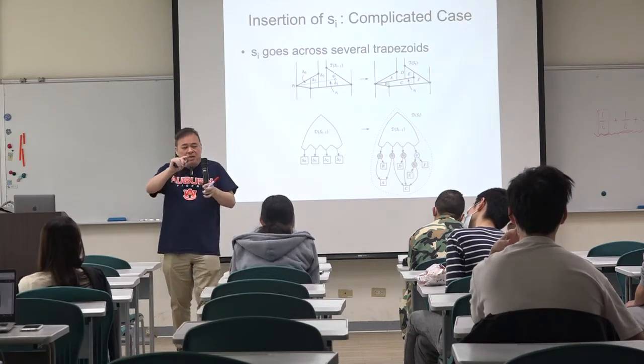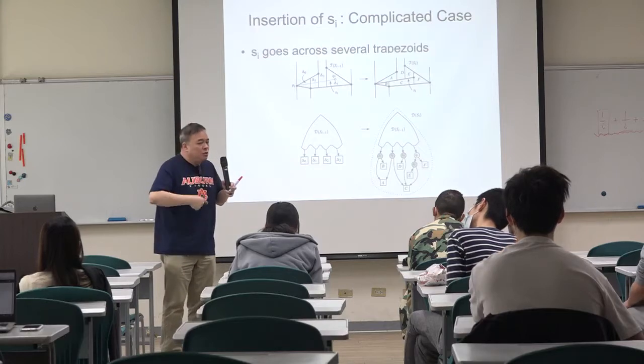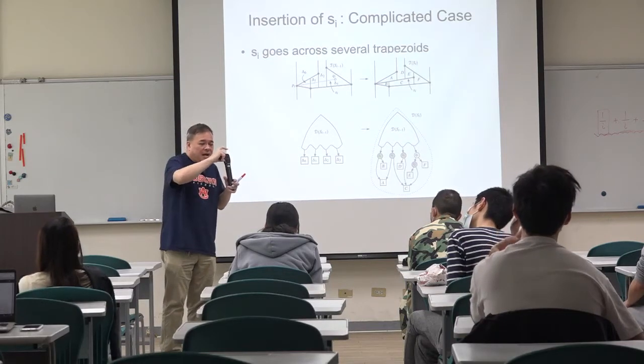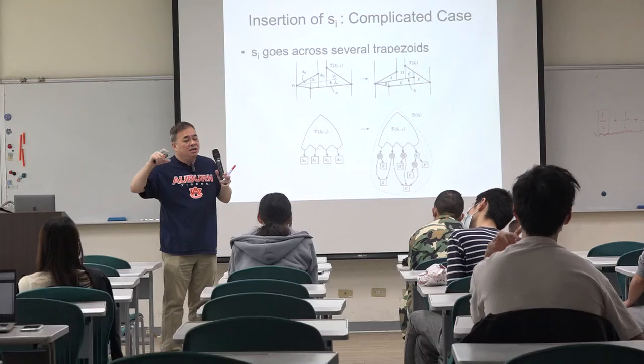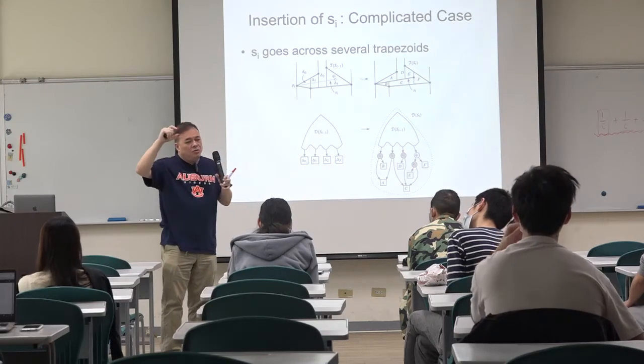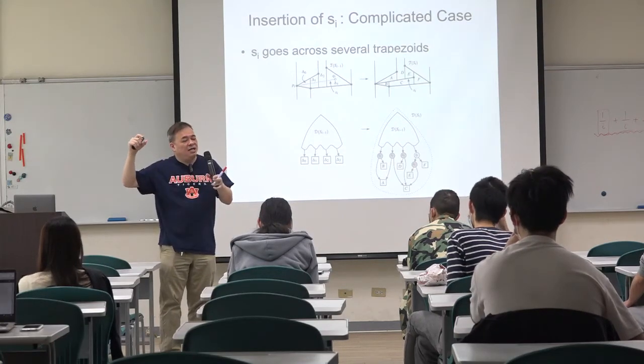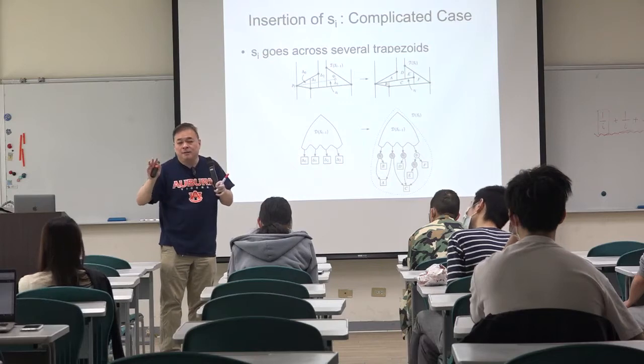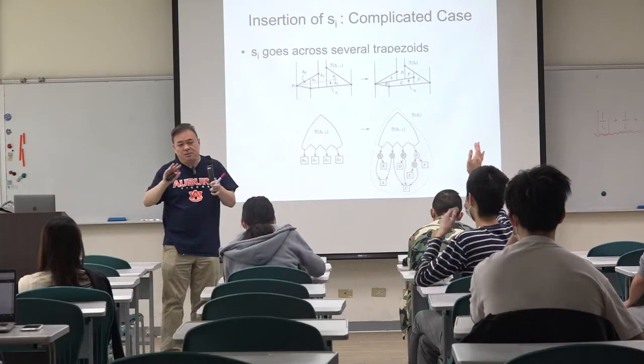But if this iteration is going to add kappa i leaf nodes, then the number of internal nodes that gets added will be kappa i minus 1. That's for sure.